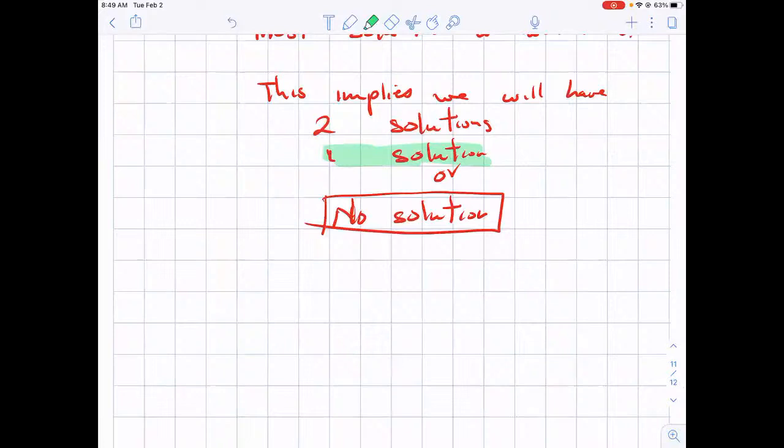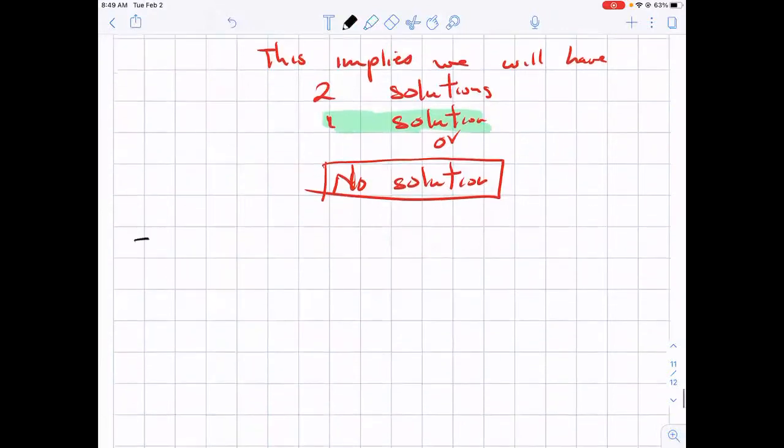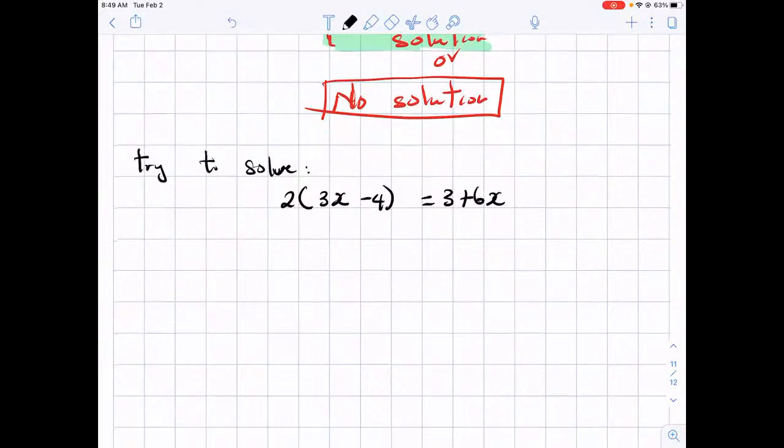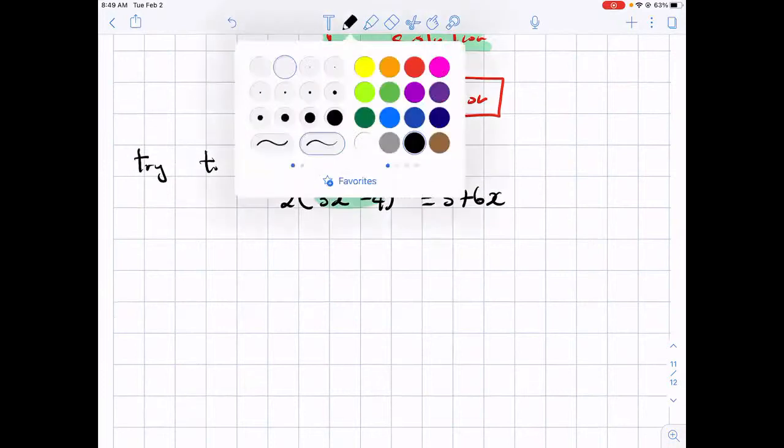So just to point out a problem with no solution, it doesn't have to be quadratic, but let's try to solve 2 parentheses 3x minus 4 is equal to 3 plus 6x. We know there's nothing in the parentheses to simplify, so the next step is to distribute.